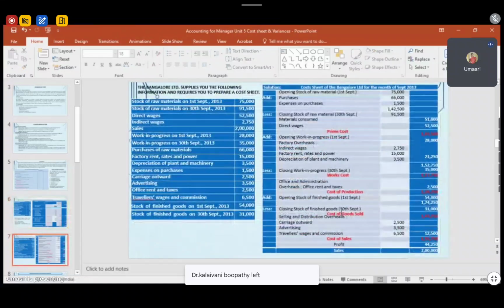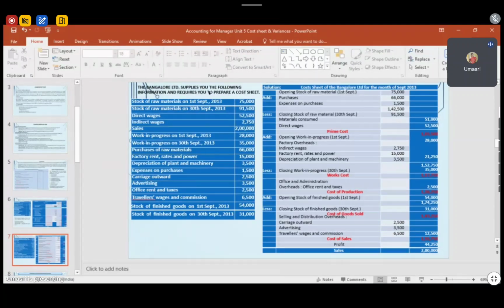Okay, let us do one more problem. See here in this problem, there is opening stock not only in raw materials but also work in progress, and finished goods also have opening and closing. So in that case, how to prepare the cost sheet?